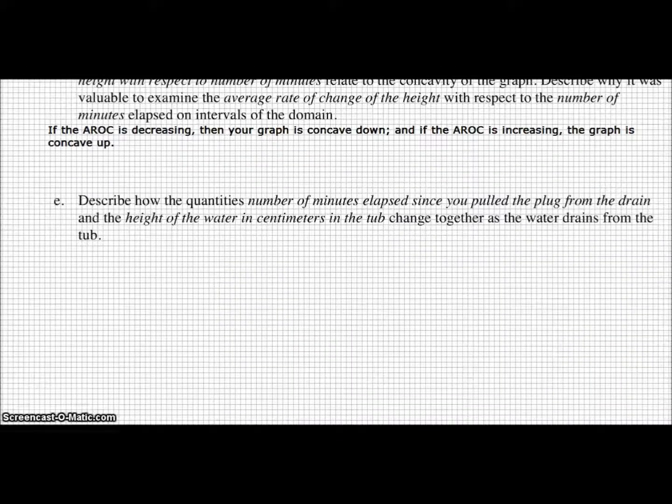Describe how the quantities number of minutes elapsed since you pulled the plug from the drain and the height of the water in centimeters in the tub change together as the water drains from the tub.